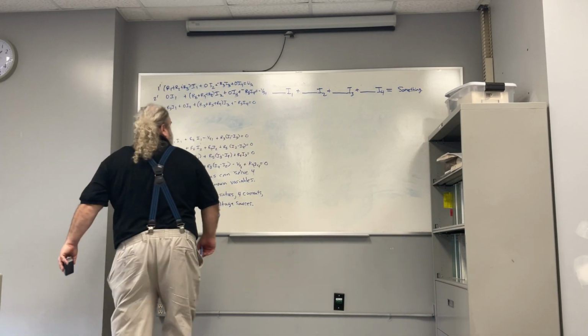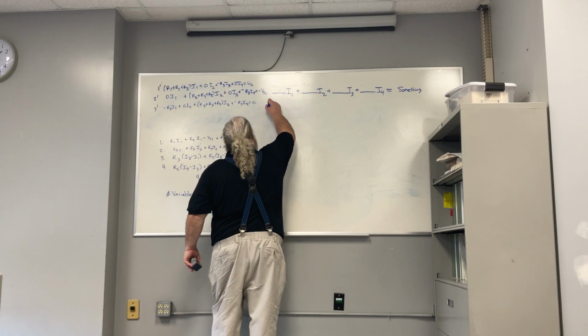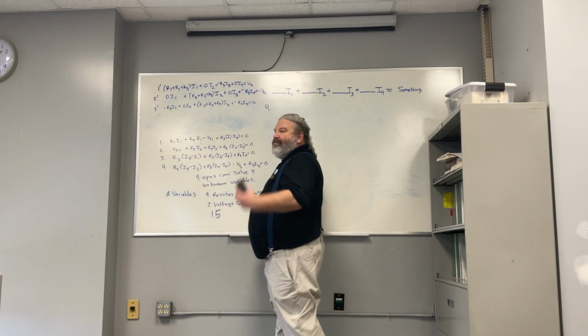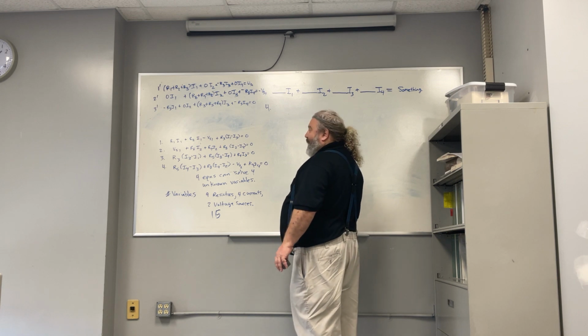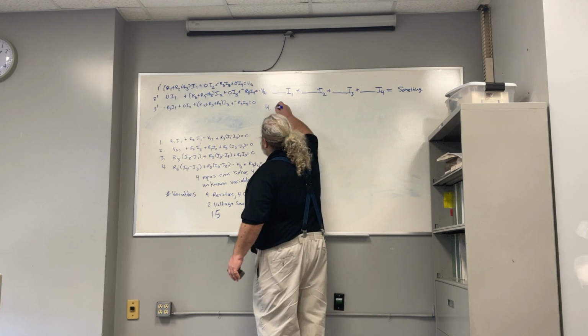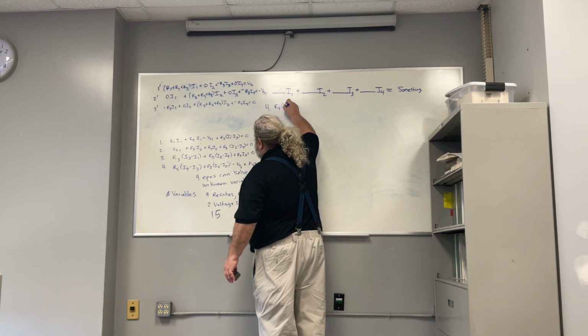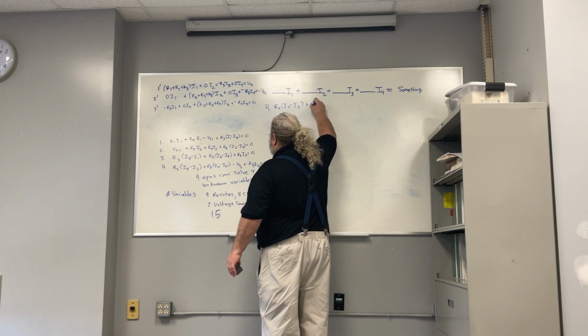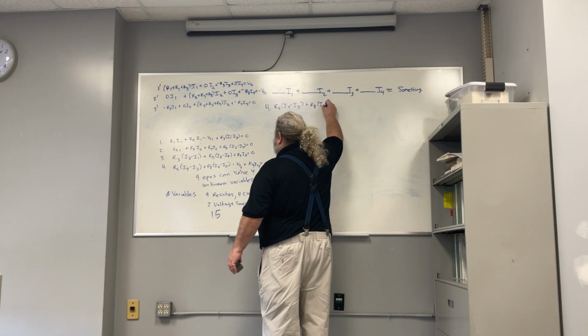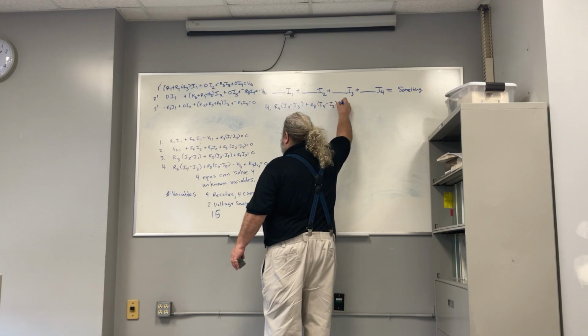Okay, so equation 4. Cassie, you ready? I'm going to rewrite it over. You can rewrite it yourself. 4 minus I3, R8, I2.